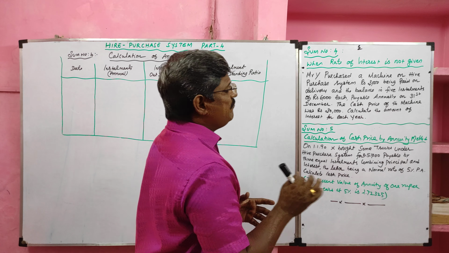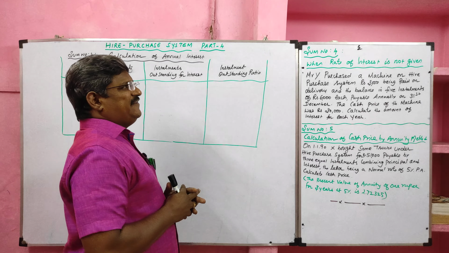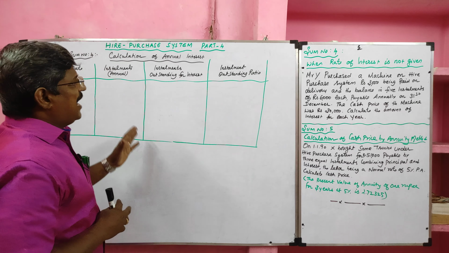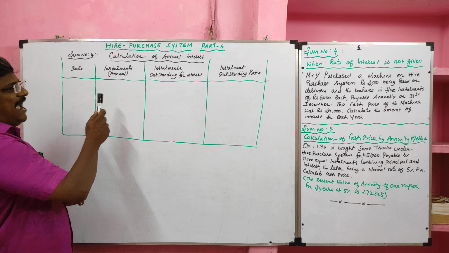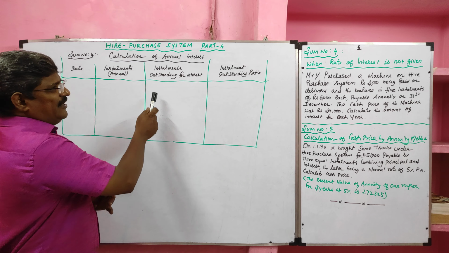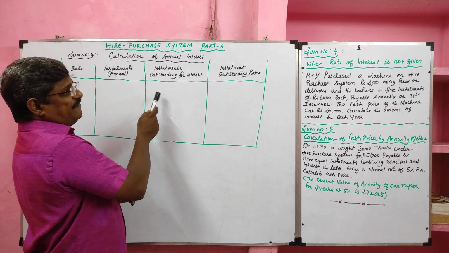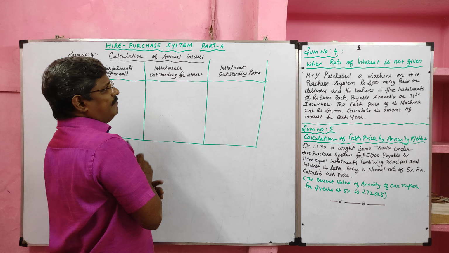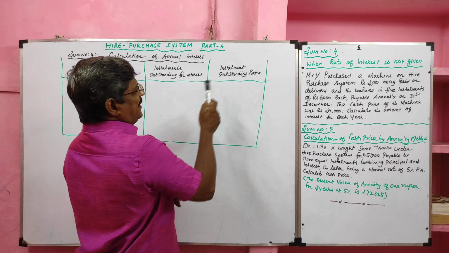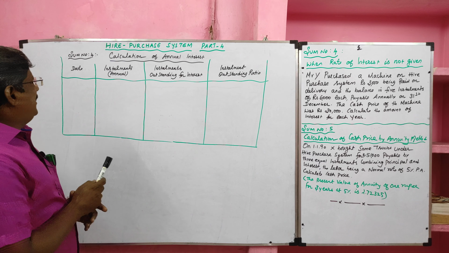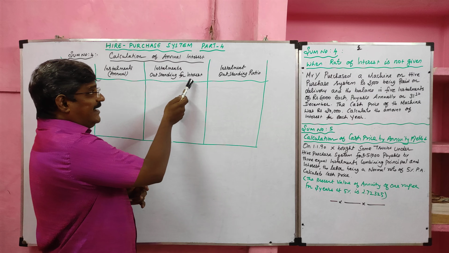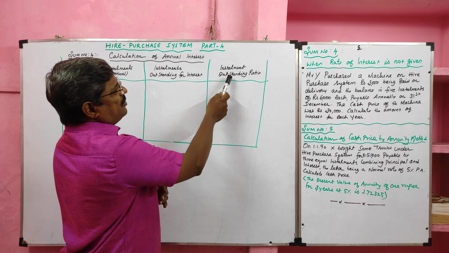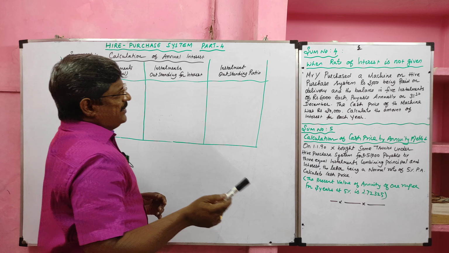In this question, the percentage of interest is not given. Yes, I have drawn the format. Calculation of annual interest: date, annual installment, installment outstanding for interest, then installment outstanding ratio.